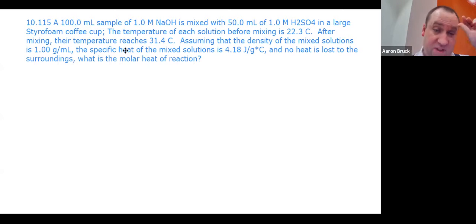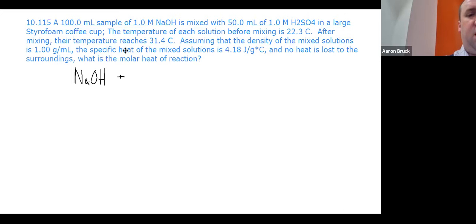And one of the specifics that we have to get into is we have to have a balanced chemical equation, because we need to know the limiting reactant so we can figure out how much product is going to be made in this process. So for that, we need to look at our balanced chemical equation.